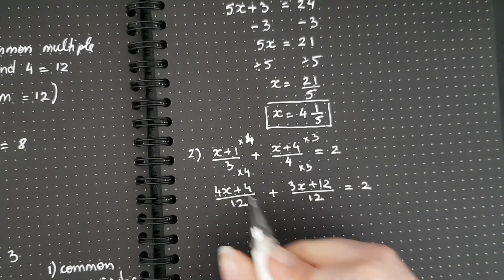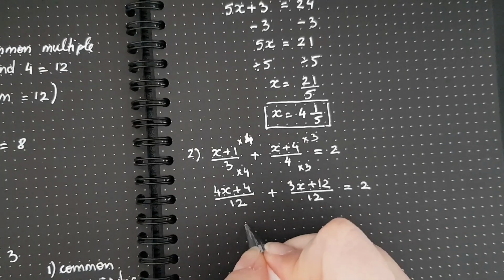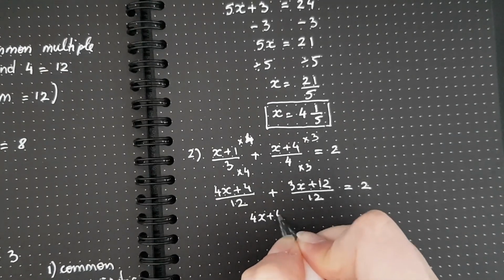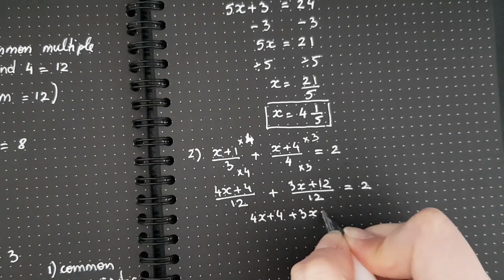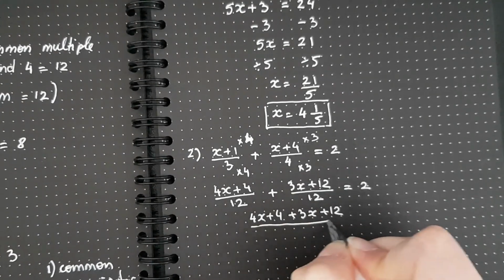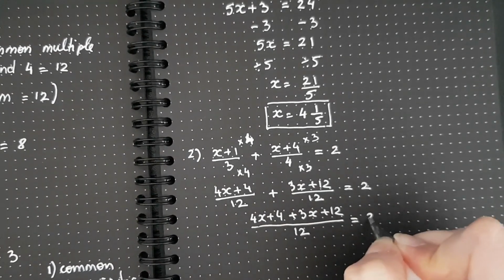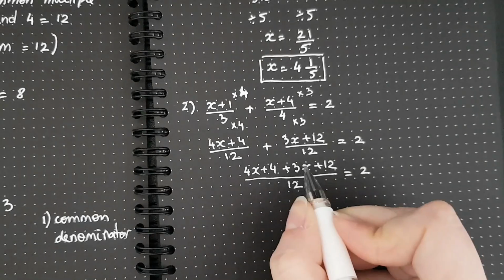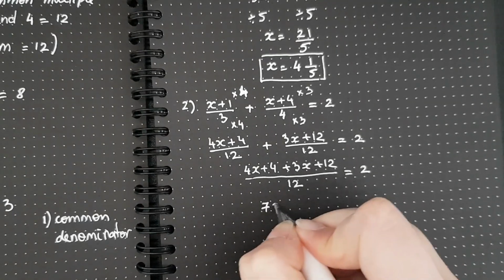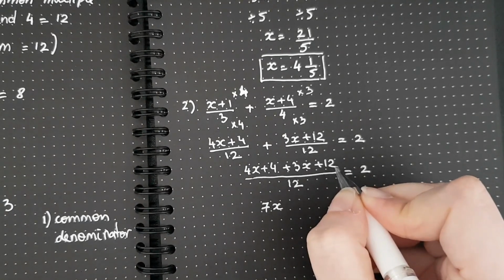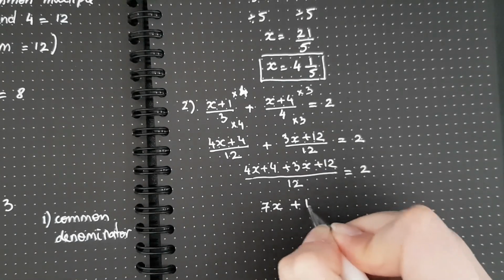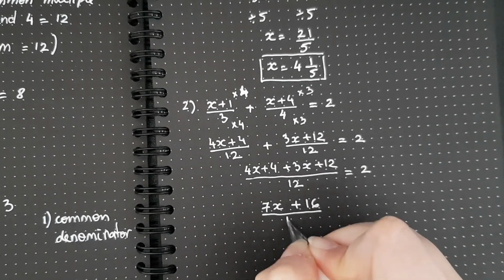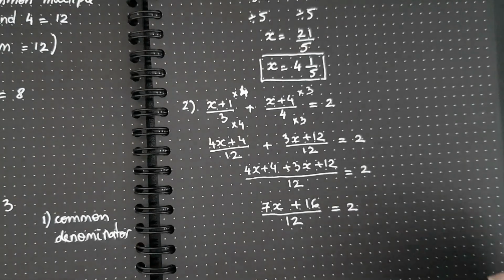I'm going to write it as a big fraction. So I've got 4x plus 4 plus 3x plus 12 over 12 equals 2. 4x plus 3x, that's 7x. 4 plus 12, that is 16 over 12 equals 2.